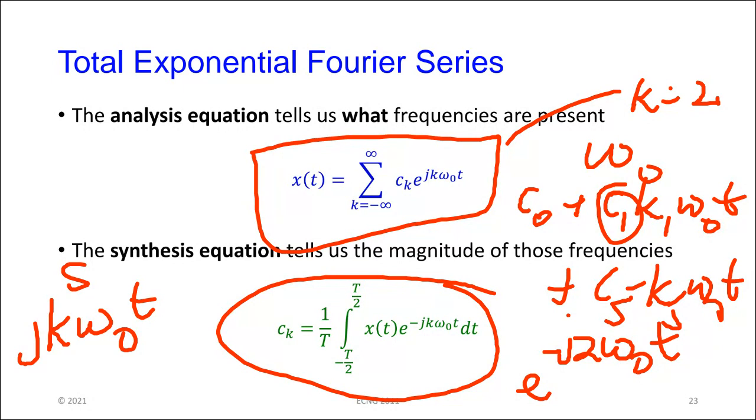C5 will be e to the minus j 5 omega naught t. And when you integrate, you see what the value of Ck is. Right? Make sense? We're going to do a lot of examples of this, and then we will move on to the part where it starts to become continuous, which is what we call the Fourier transform.